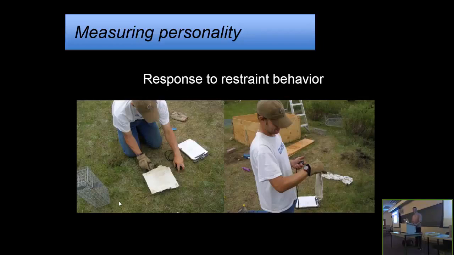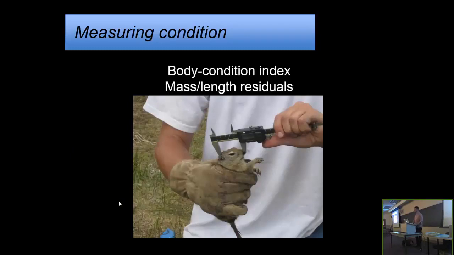And for condition, we measure body condition index, looking at mass length residuals. So a squirrel that's bigger for a given size, we'll say, is in better condition. And this is actually experimentally validated: if you feed squirrels low nutrition food, they'll have a lower body condition index as measured by mass length residuals.